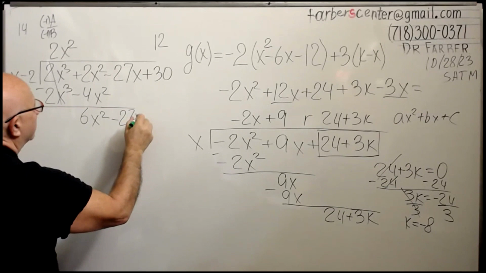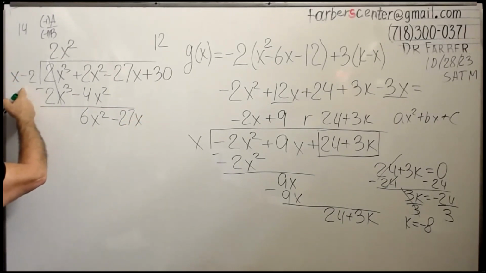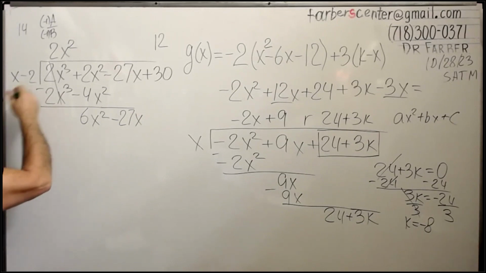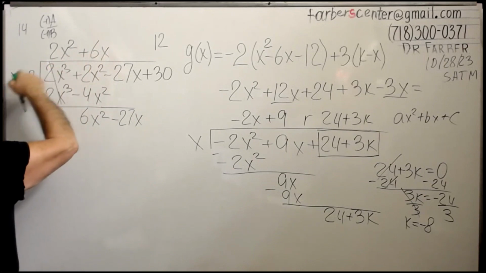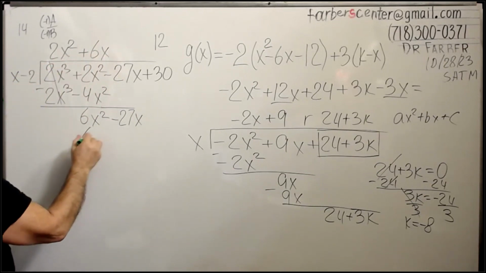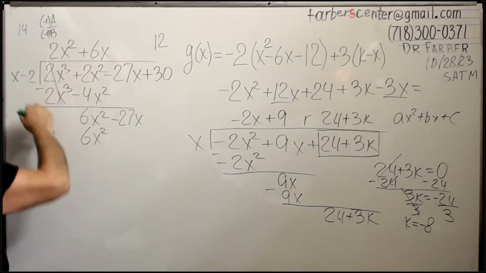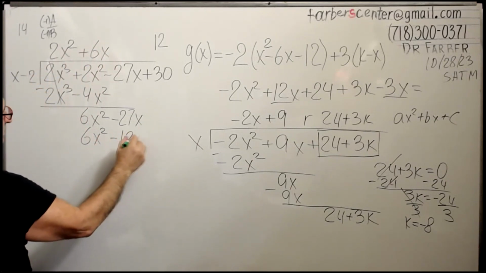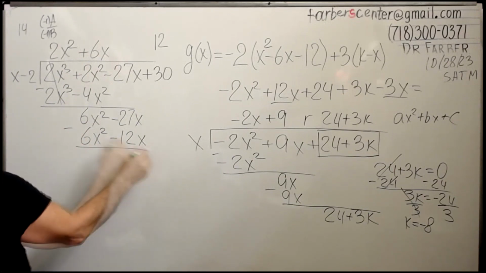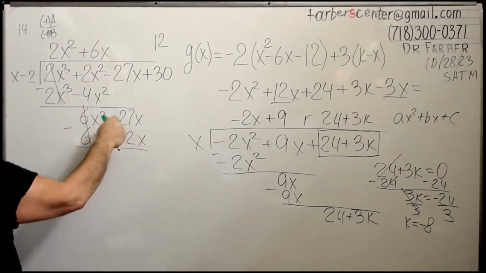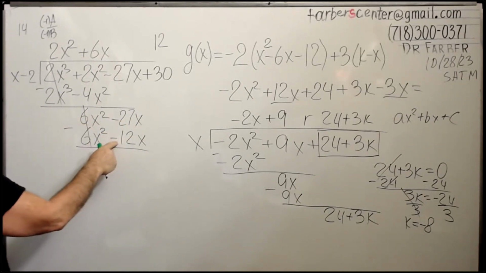Well, this is x minus 2, so I have to multiply it by 6x. 6x times x is 6x squared. 6x times -2 is minus 12x. So far, so good. Subtract. Cancel out. -27 minus negative 12 is the same as plus 12.